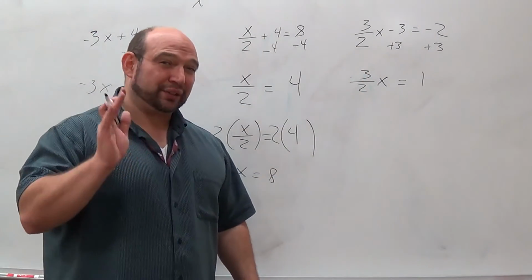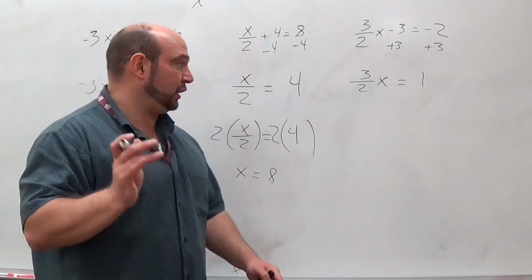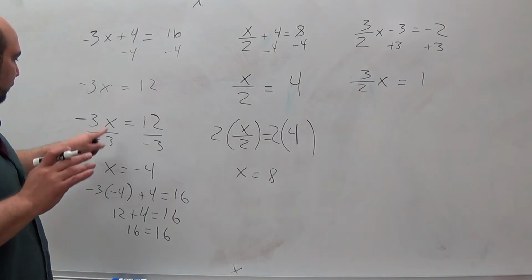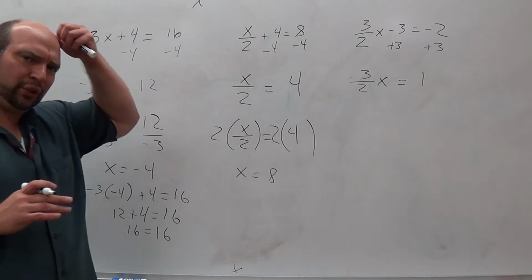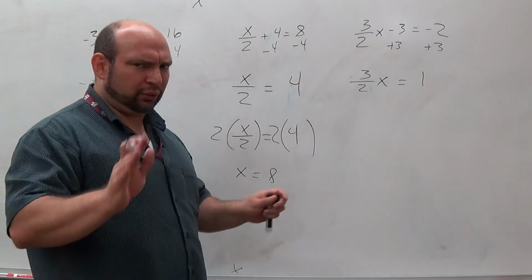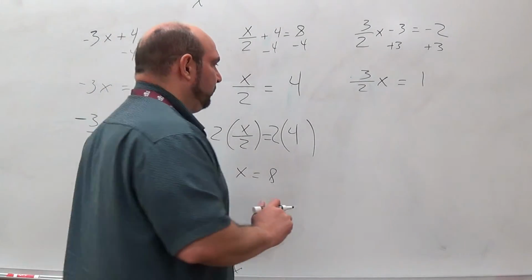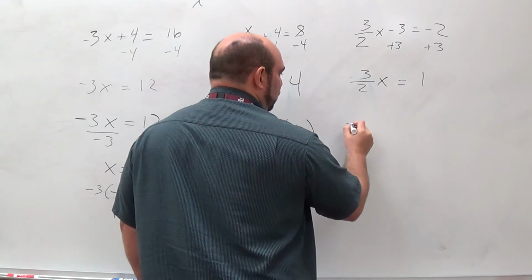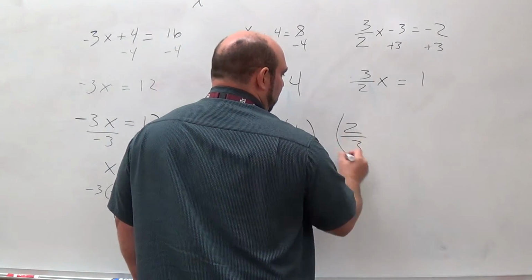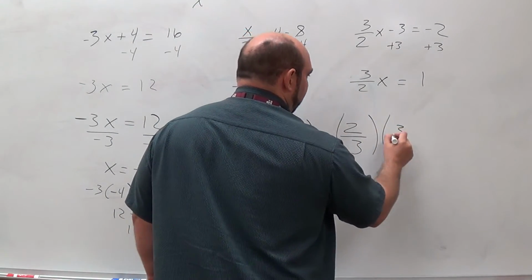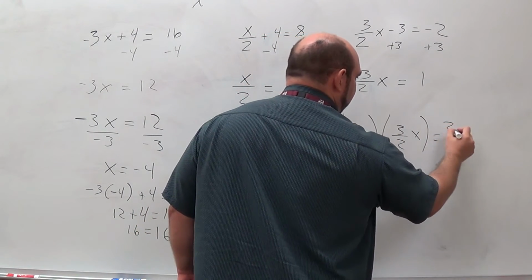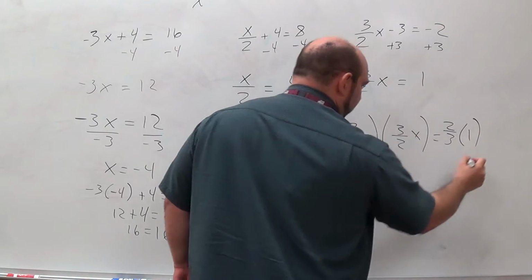So we're going to do that at the same time. Instead of saying, let's divide by the 3, and then multiply by the 2, we're going to do it all at once using the reciprocal. So the reciprocal of 3/2 is 2/3. So 2/3 times 3/2 x is equal to my 2/3 times 1.